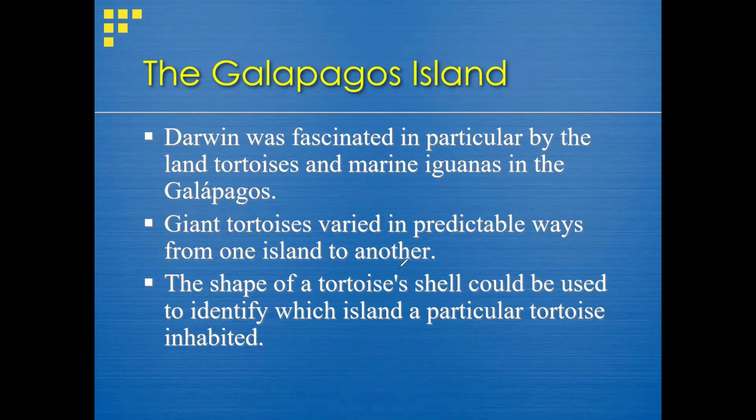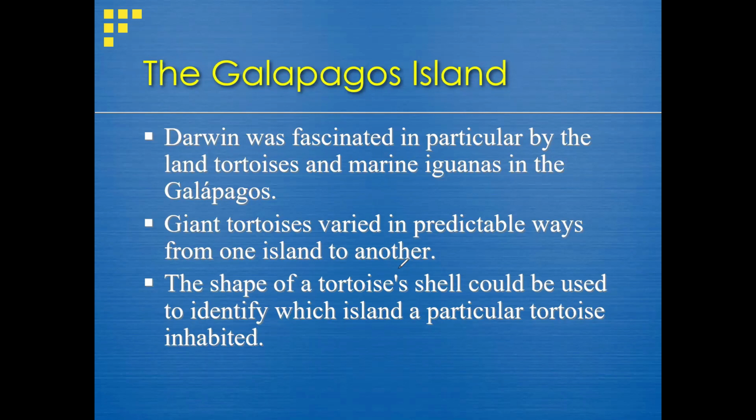It means that tortoises from different islands have different shells. So based on that, if you know the tortoise from a particular island, then you can just use the shell to identify the location or the environment to which those tortoises belong.